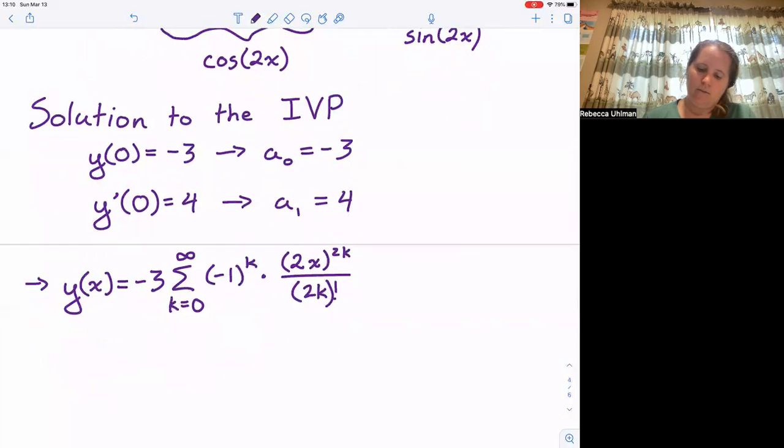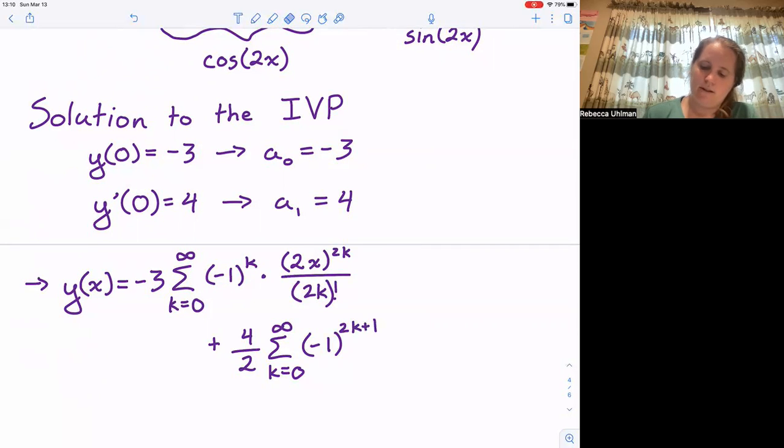And then we have plus 4 over 2 times the sum from k equals 0 to infinity of -1 to the k times 2x to the 2k plus 1, all divided by 2k plus 1 factorial.